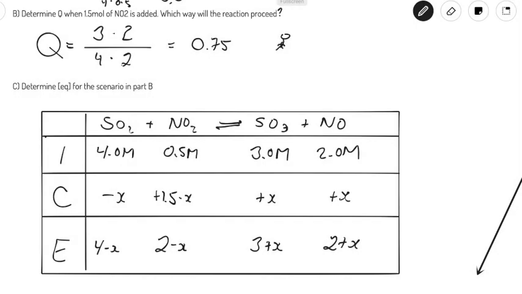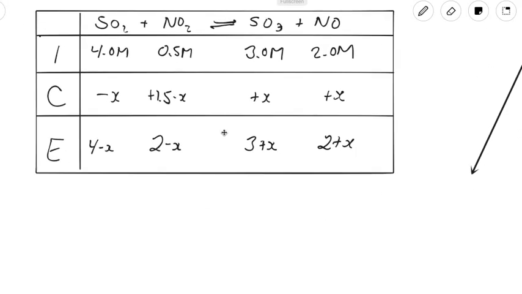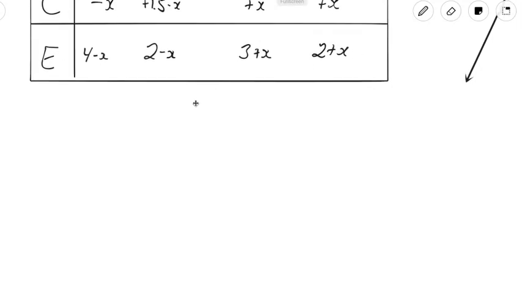Now that we're comfortable with setting up our ice table, we're going to scroll down and continue solving for equilibrium concentrations. So our equilibrium concentrations, what do we know? Well, we know, as before, that KQ is the ratio of products to reactants. In our case here, our products are the sulfur trioxide and the nitrogen monoxide.